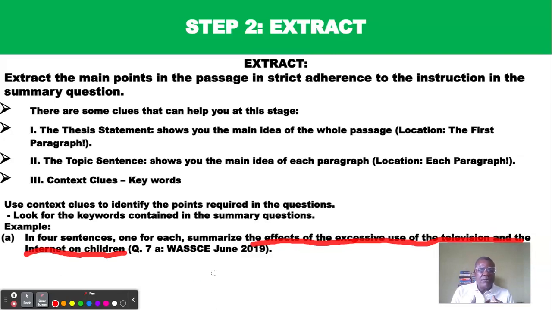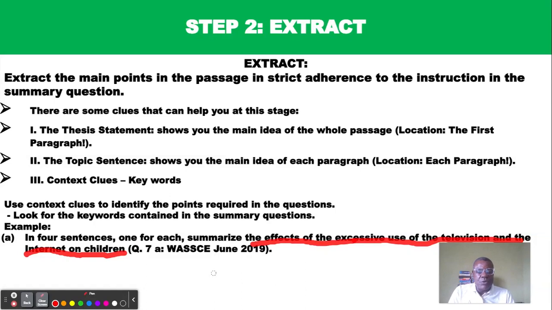Once you take note of these keywords, you are going to look for these keywords in the passage, because the moment you come across these keywords in the passage, then you know you have come to the place where you are going to extract the idea.